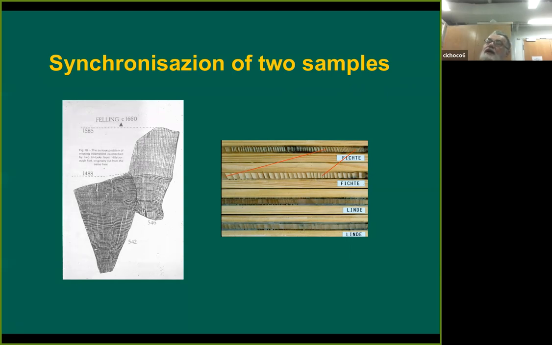But if we have a look at the overall climatic impact, then the rings in these two sets, in these two wood samples, will be different in absolute growth, but they will be similar in the distribution of narrow and wide rings.